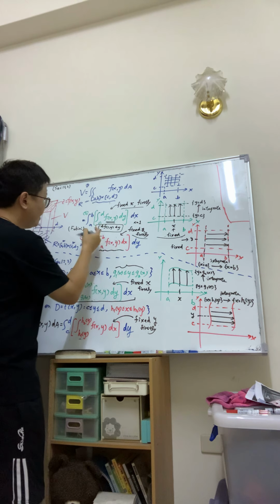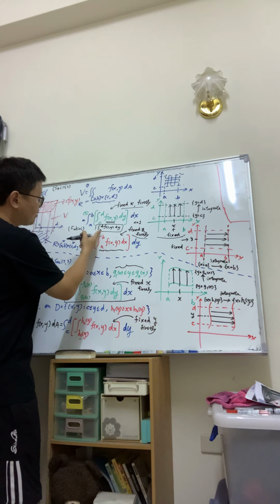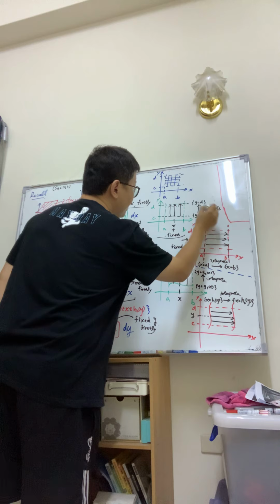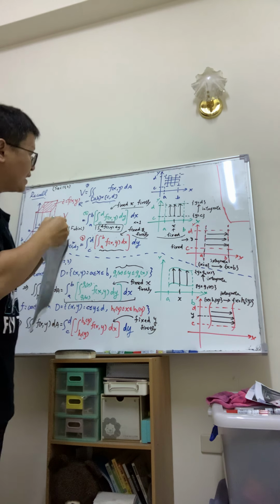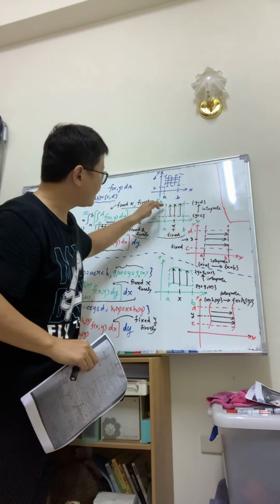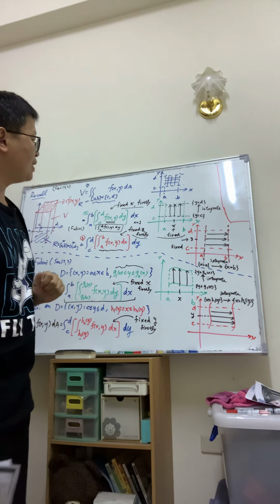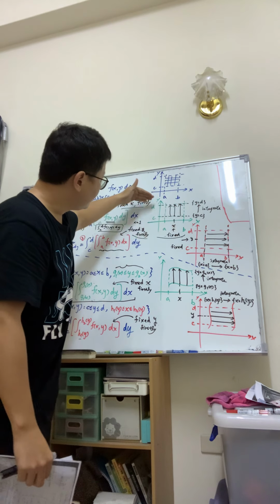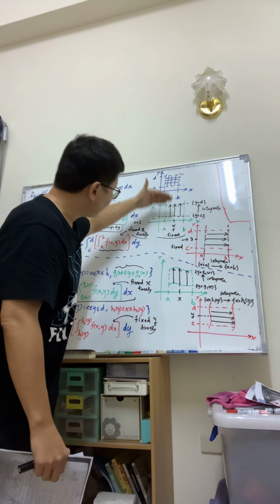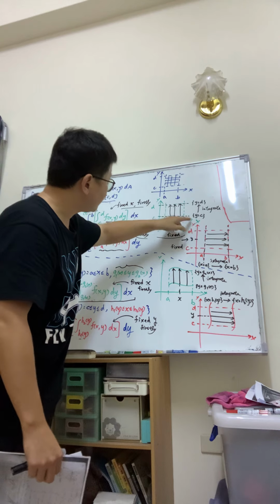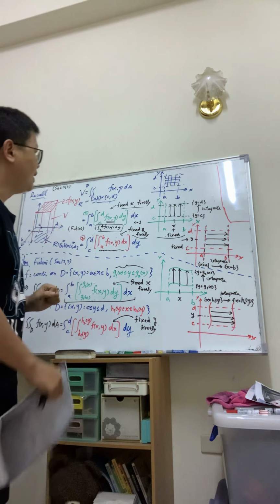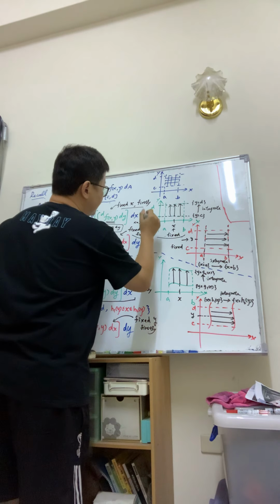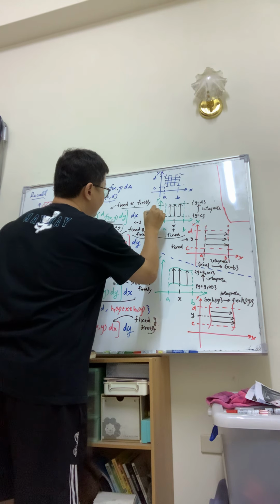For this part, we integrate y, and y goes from c to d. From this line, y equals c, to this line, y equals d. We fix x, and integrate from this line to this line, so from y equals c to y equals d. Of course c is smaller and d is larger.